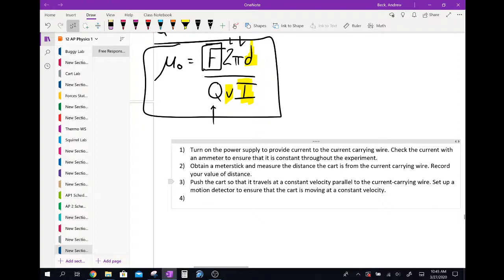And then we can say repeat for different distances. Or maybe we'll be a little bit more specific. Move the cart to another distance away from the current carrying wire and repeat steps 2 through 3.